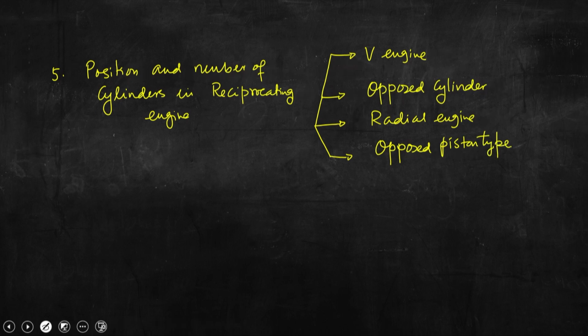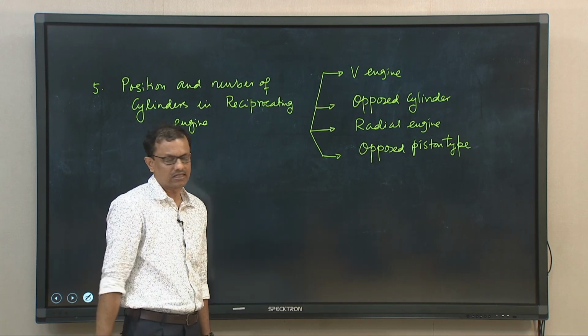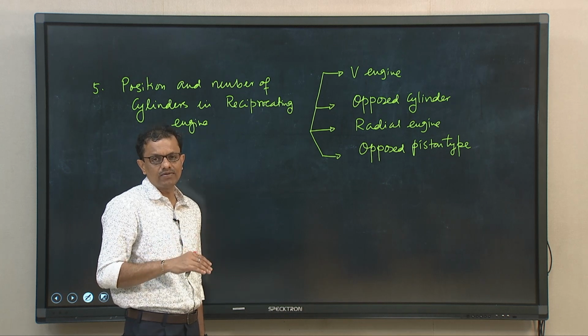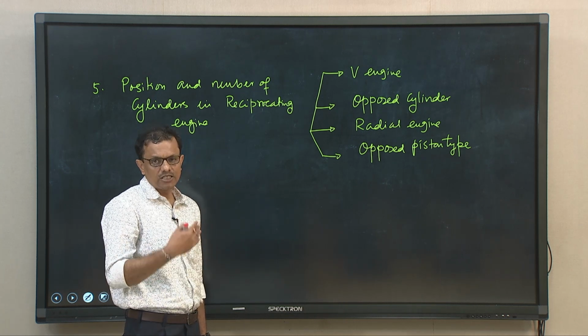Okay. So, you can understand these sub classifications are basically depending on the arrangement of the cylinder, piston, etc. And this particular classification is applicable for a reciprocating type engine.